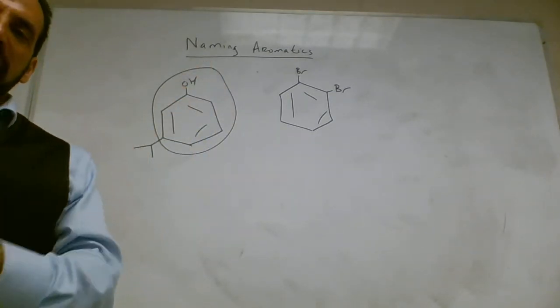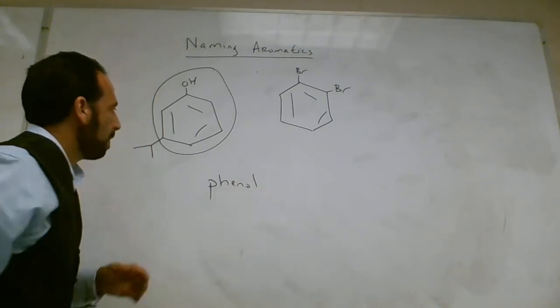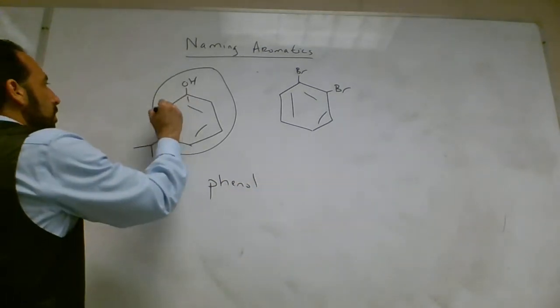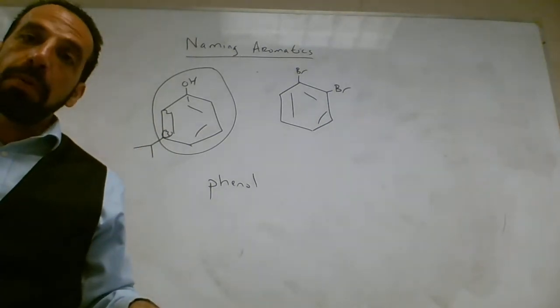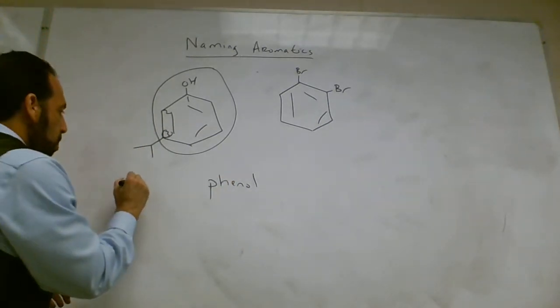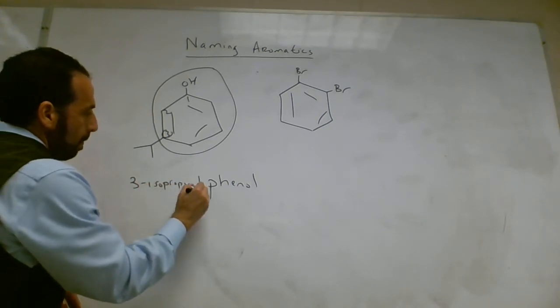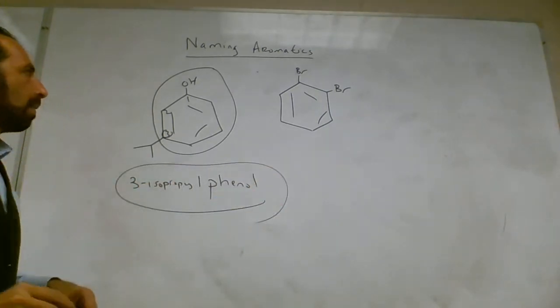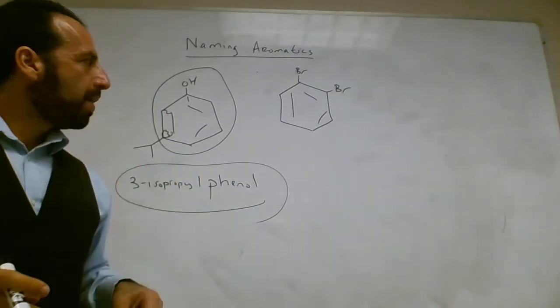So I can actually call this a phenol as the end of it. This is number 1. Isopropyl group is on number 3. So 3 isopropylphenol. So in this case, I just recognize this as phenol. I'm just going to call this phenol. We keep it like this.